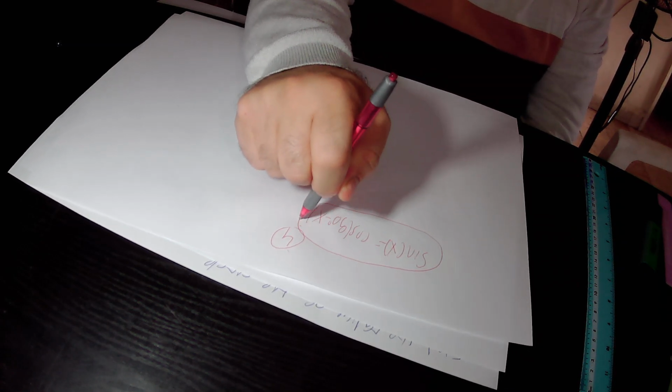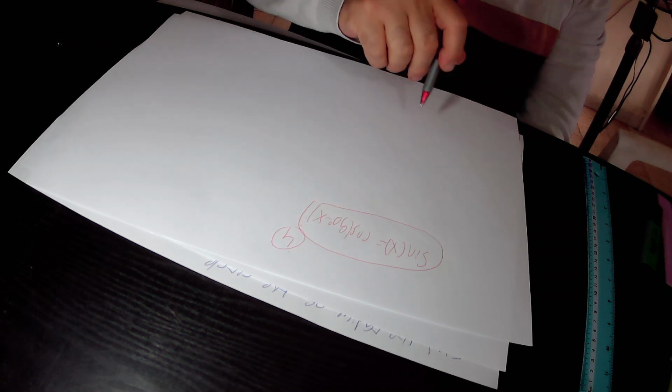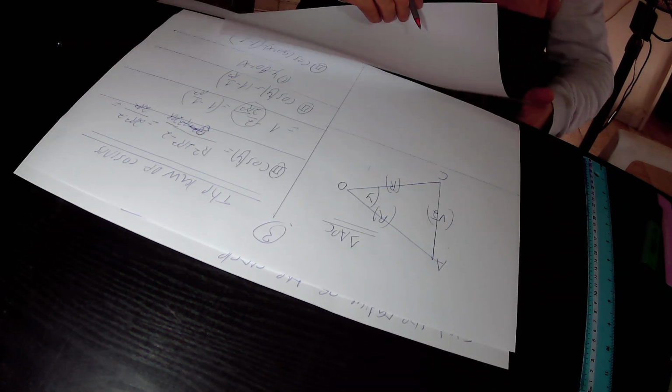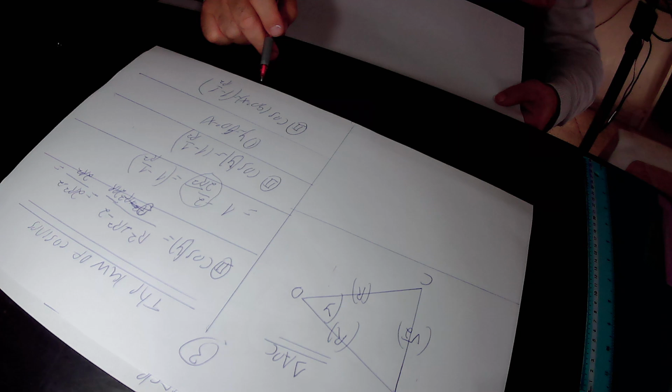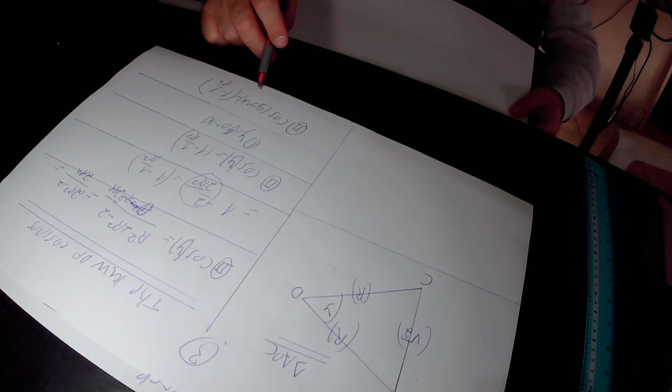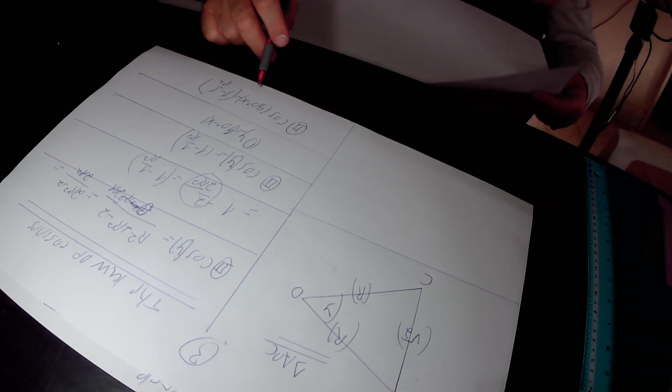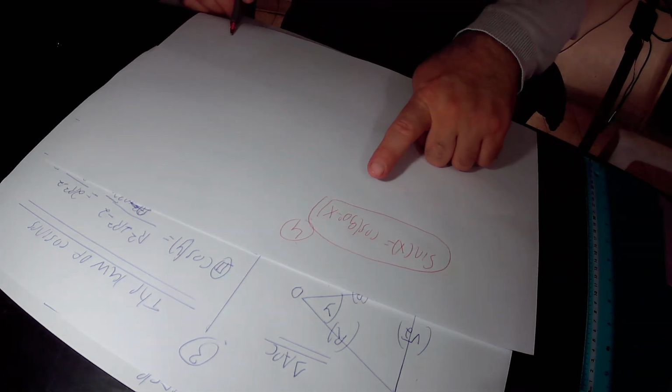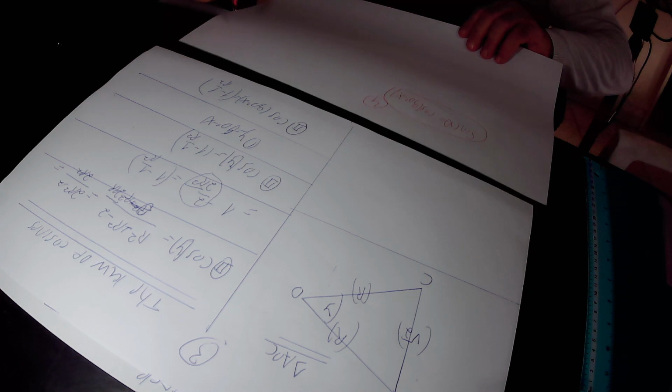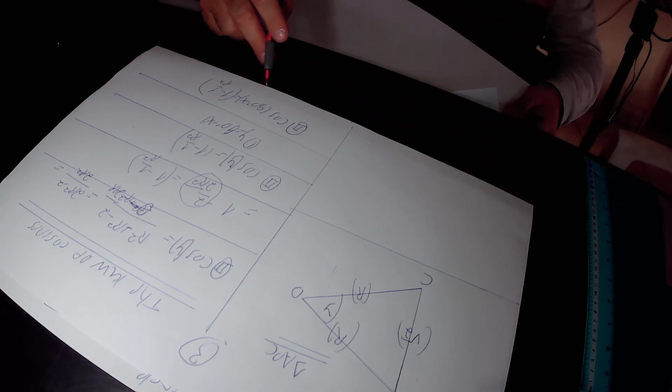And according to this trigonometric identity, you can substitute cosine of 90 degrees minus x in this equation 2 by sine x. Okay? Because sine x equals cosine of 90 degrees minus x. So we substitute cosine of 90 degrees minus x in this equation 2 by sine x.